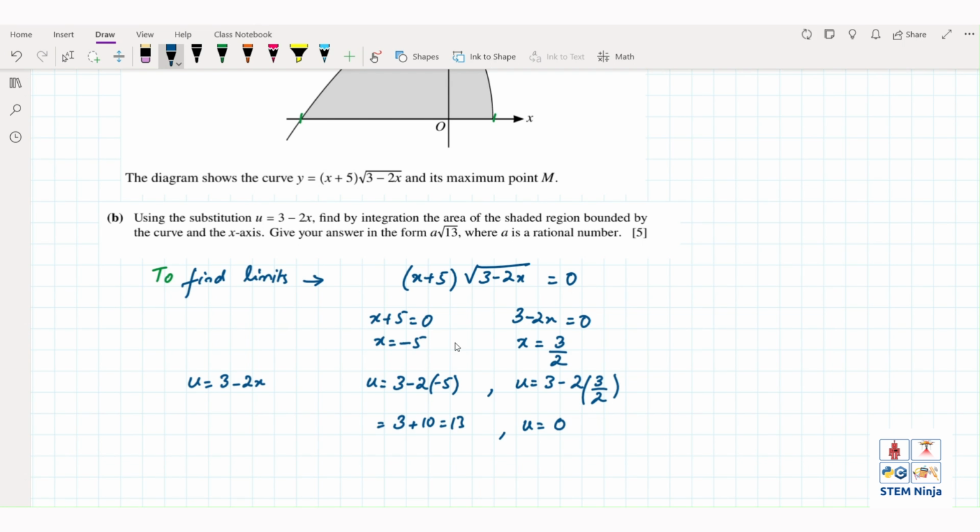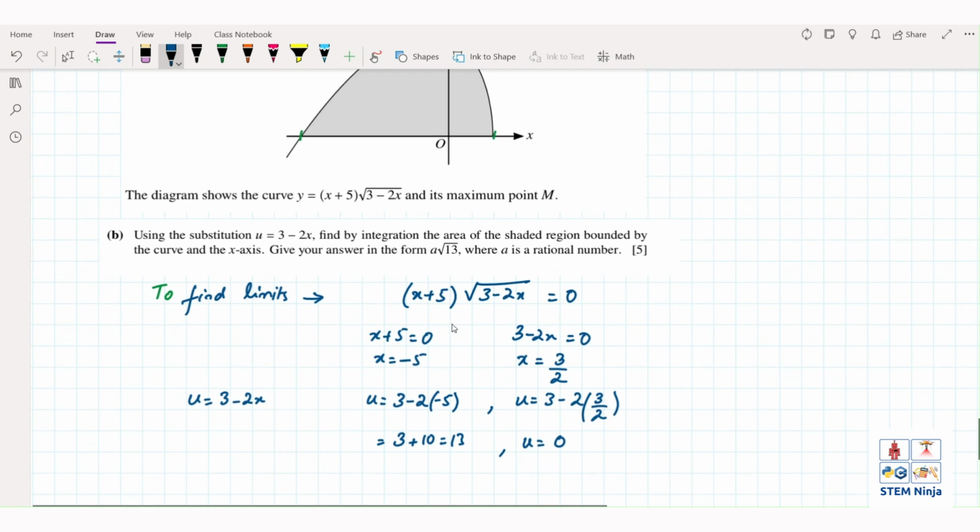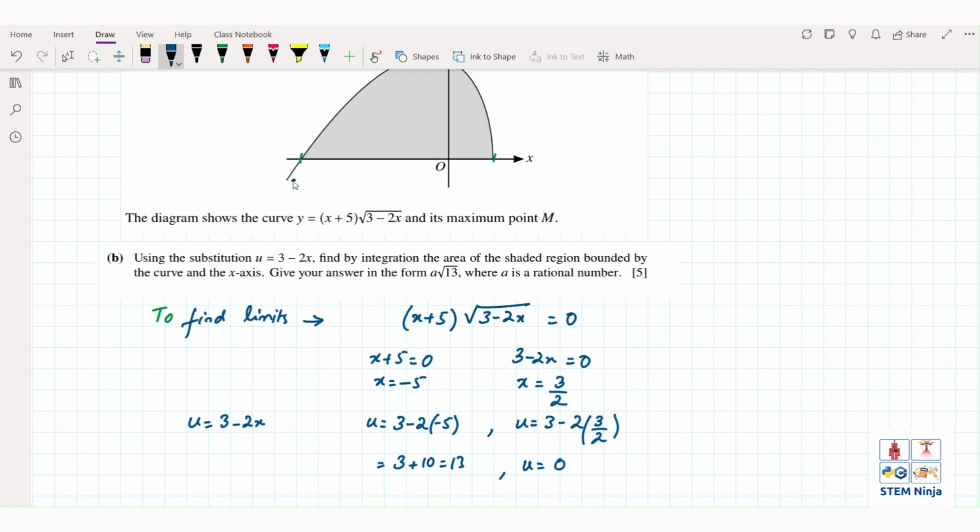Now, although it may look like this was minus 5 and this is 3 over 2, the limits corresponding to them are opposite. So you don't have to worry about it, we just need to find the area. Alright, so we can reverse the limits also.